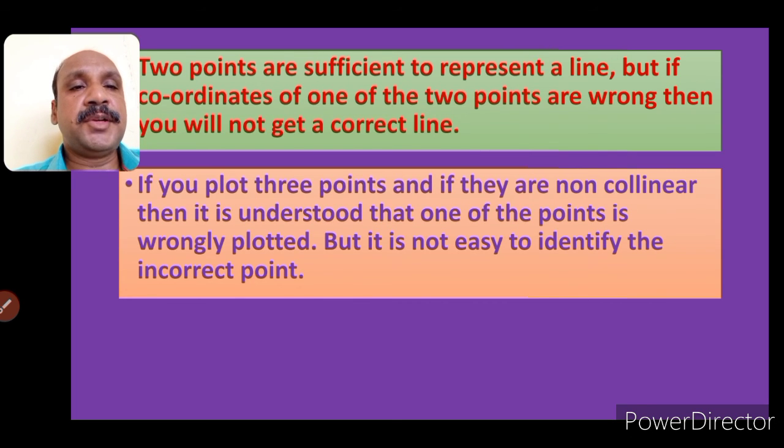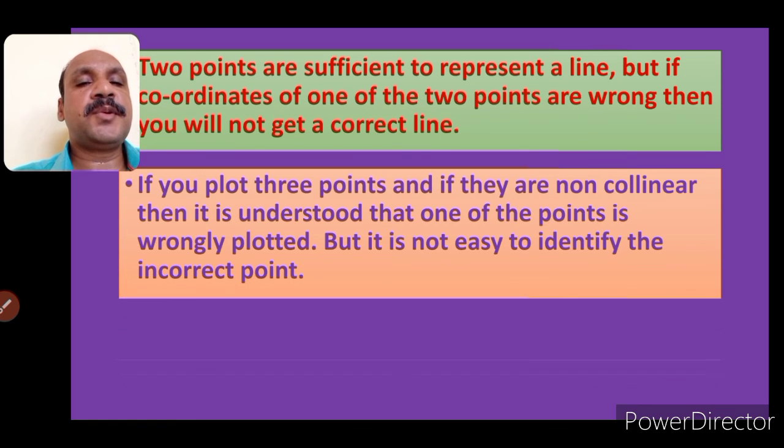If you plot 3 points and they are non-collinear, then it is understood that one of the points is wrongly plotted, but it is not easy to identify the incorrect point.